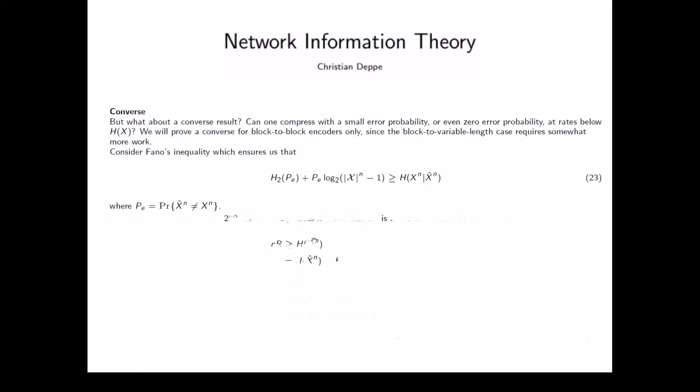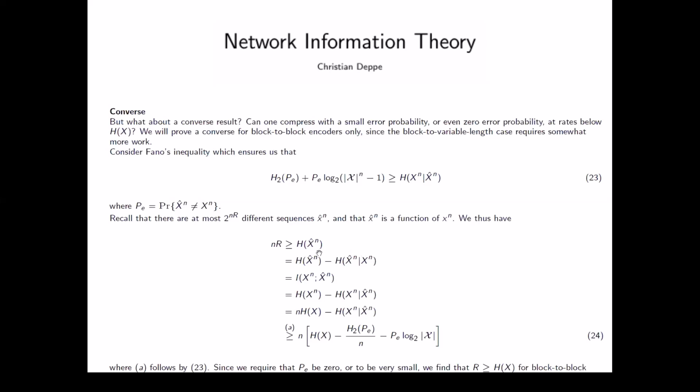It's very simple. And now we know, of course, X hat of n is a function of X^n, and from information theory, you know that this is then 0. So we can just write here minus H of X hat of n conditioned on X^n. But this formula, you know, this just gives the mutual information between X^n and X hat of n.